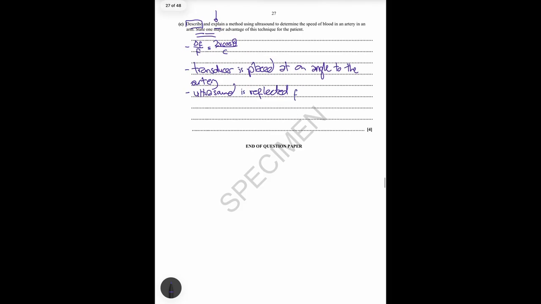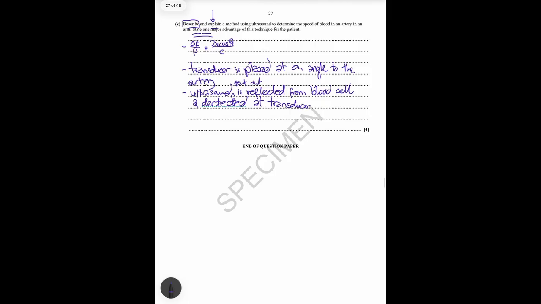So it's reflected from the blood cell and detected by the transducer as well. Now, I should probably have said earlier as well that the ultrasound is sent out in pulses, because I don't want the transducer to be still transmitting when it should be detecting. So sent out in pulses, and then that's reflected from the blood cell, detected by the transducer.